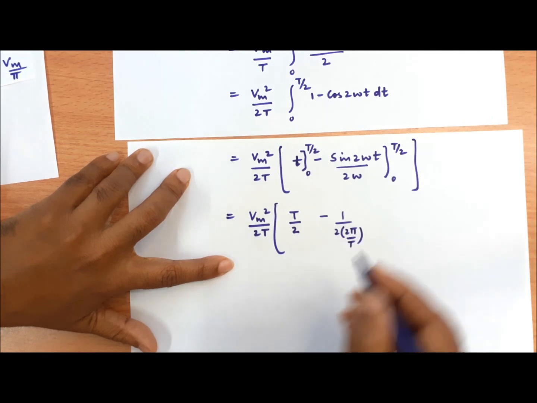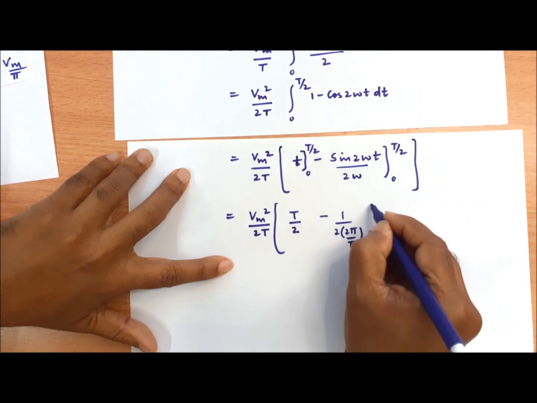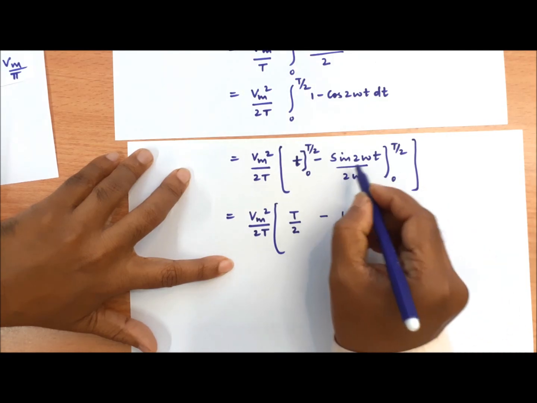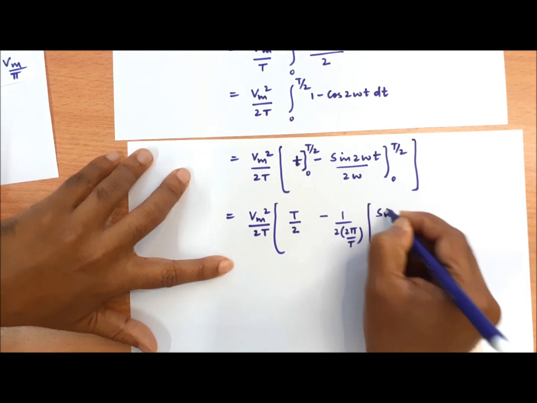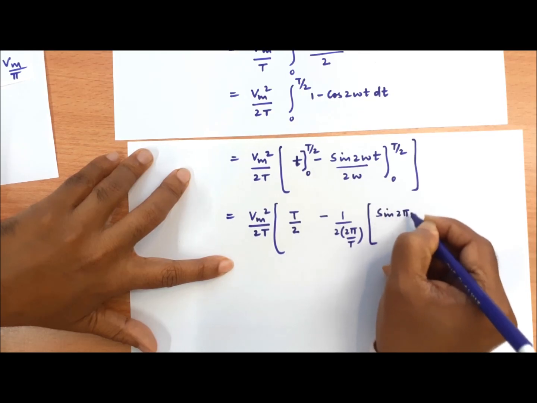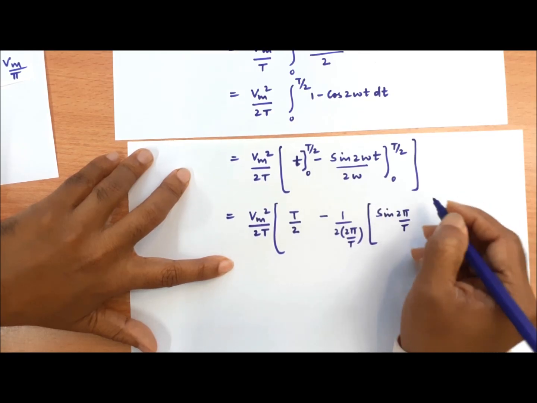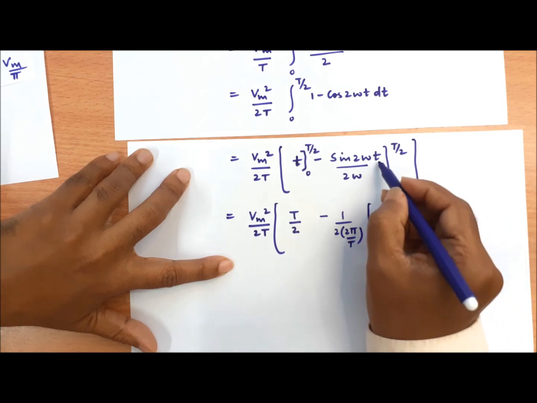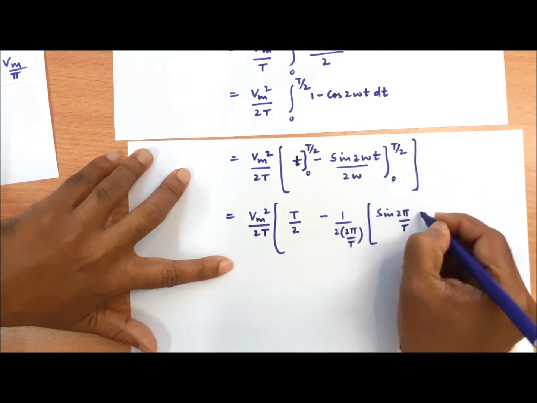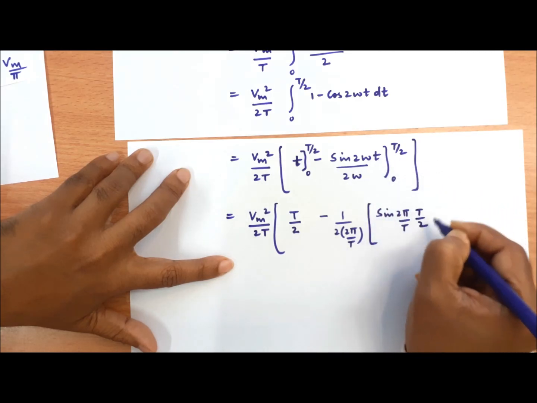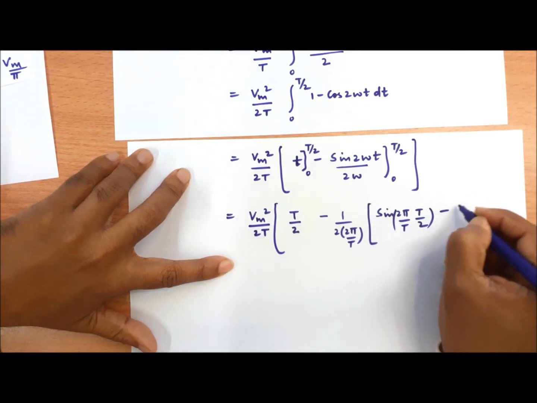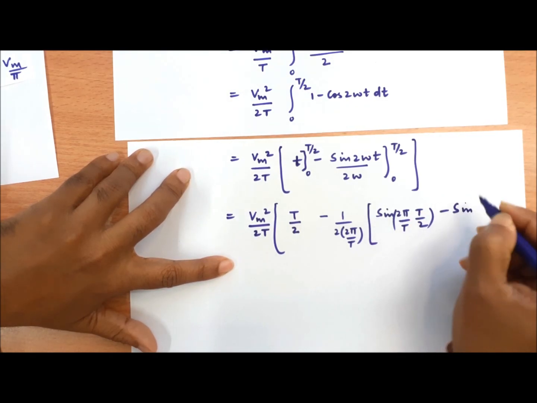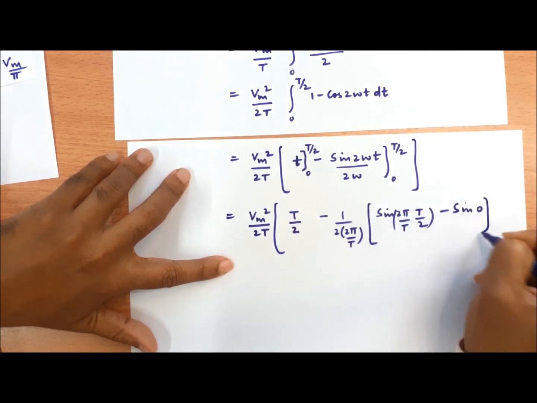Now sine 2 omega t. If I substitute, it will be sine of 2 pi by T times omega, and in place of t, I substitute T by 2. Next minus of 0, so this is sine of 0.